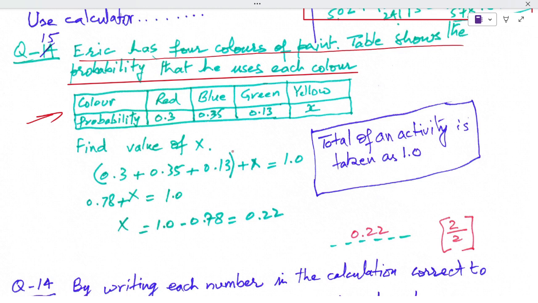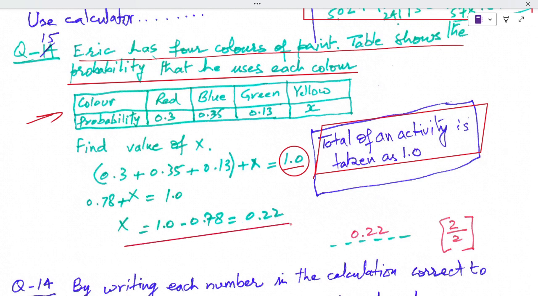So what we do is that we add all the probabilities and call yellow to be x because it is given in the question. All of them added will be equal to 1, and then simple calculation, 0.78 will get subtracted from 1, and we'll get an answer that the probability of yellow will be 0.22.